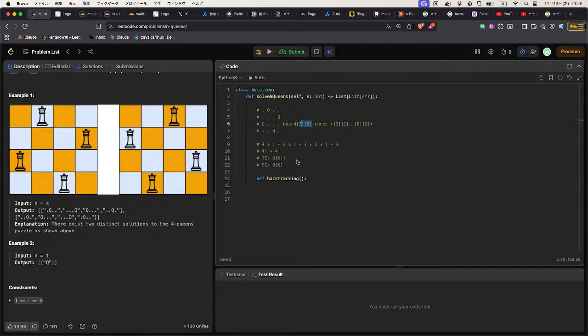Y direction, X direction. Okay, let's code it.